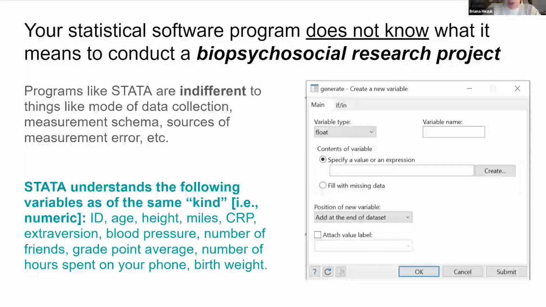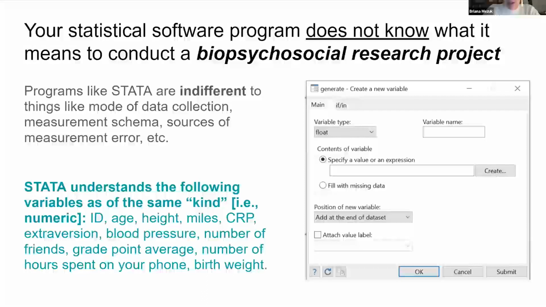On the right here is just a screenshot. I use Stata, so it's a screenshot of the variable creation window within Stata. Programs like Stata are completely indifferent to things like mode of data collection, measurement schema, sources of error, etc. What I mean is Stata understands the following variables as being all of the same kind.